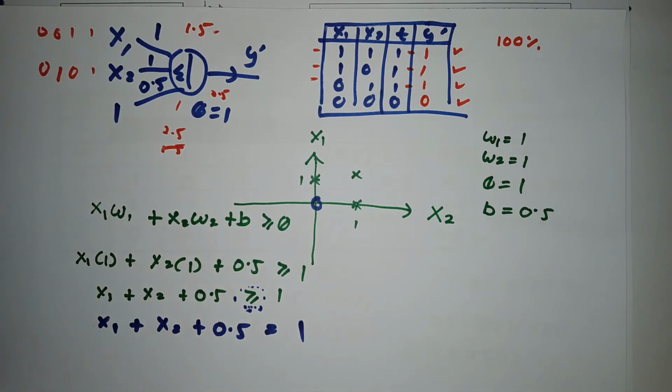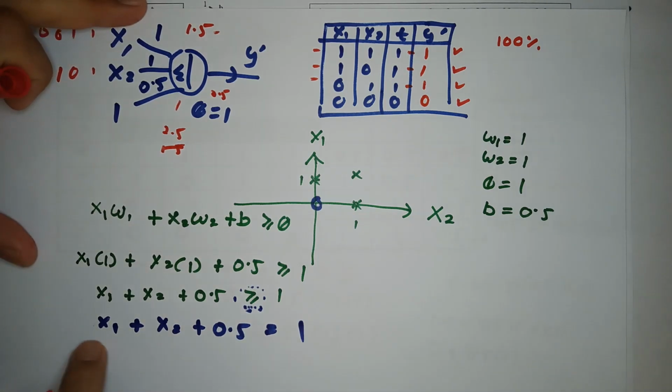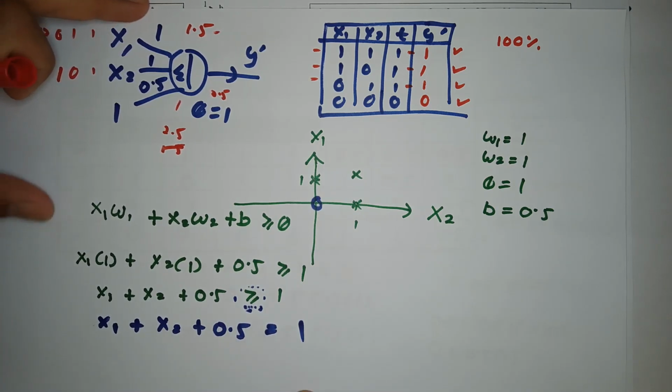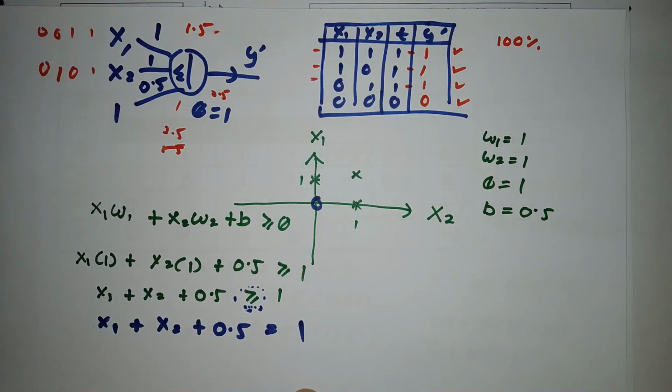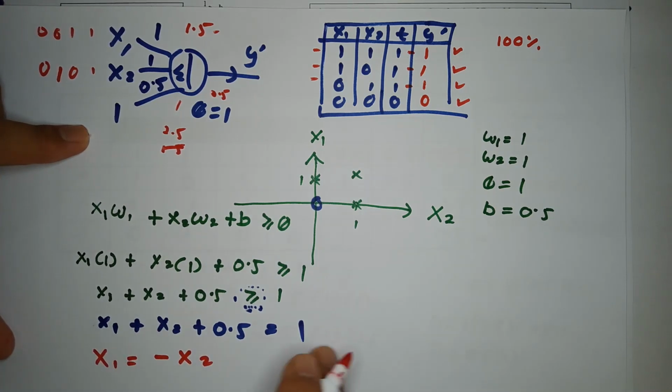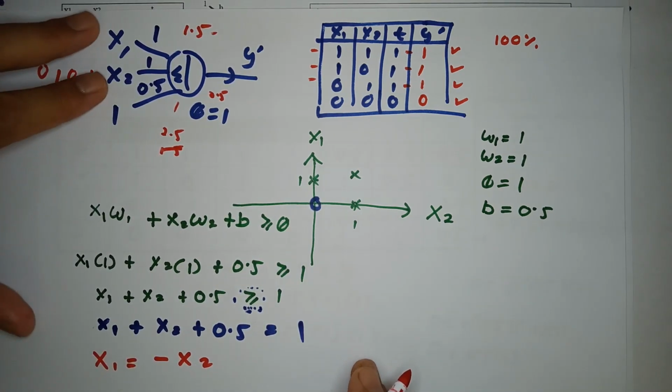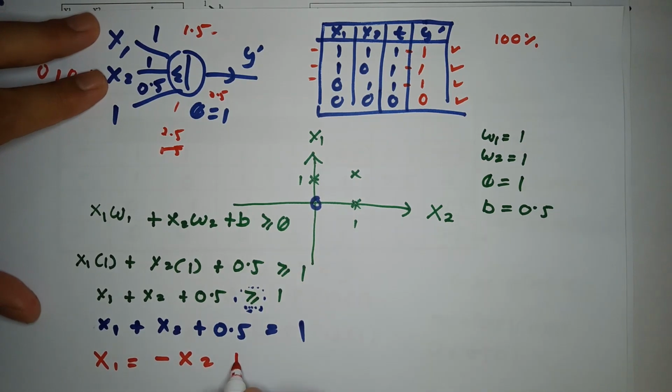Once we transform that, in general this equation we can rearrange into y equal to mx plus c, in which for this case y will be x1 and x2 will be x. If we arrange that, x1 will be equal to negative x2, I just move that to the right side, and then the value will be plus 0.5.